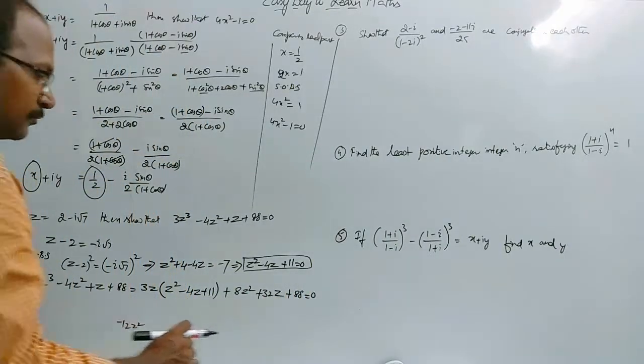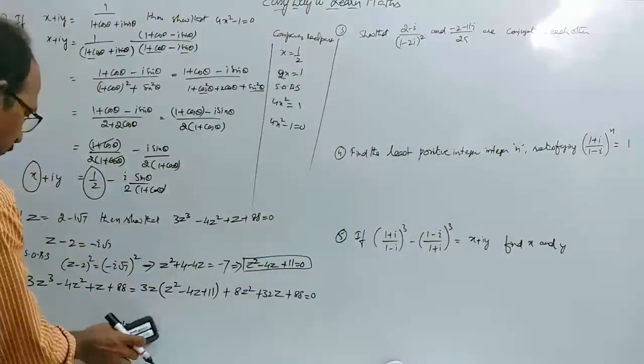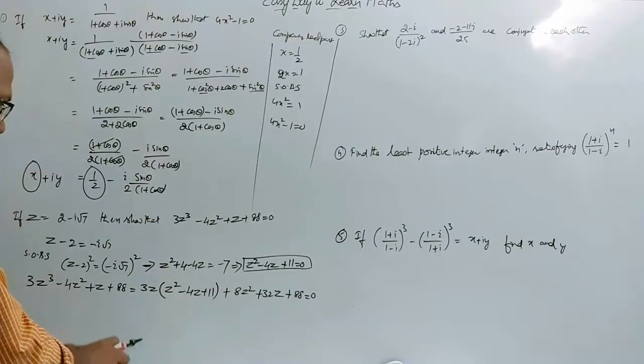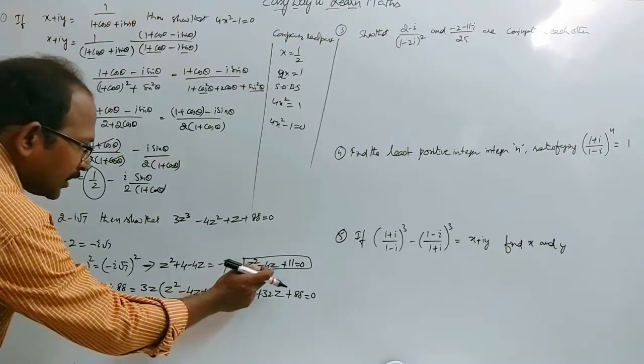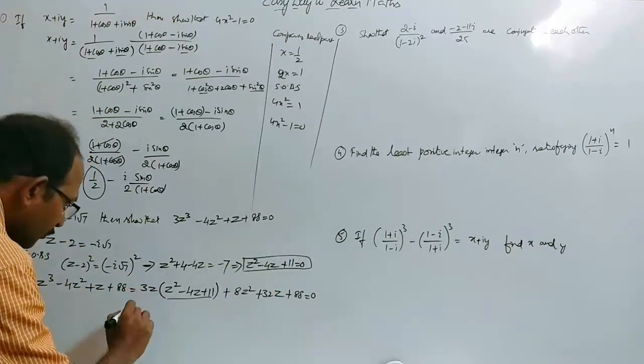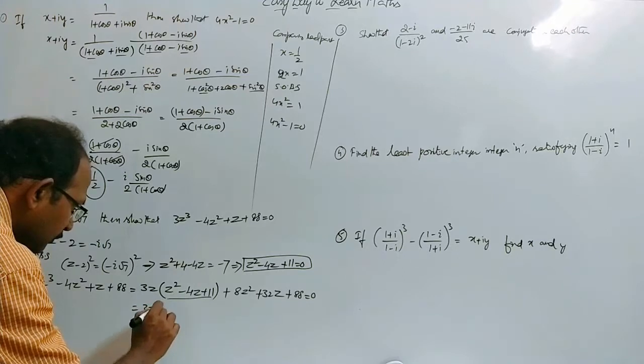Then what is the value of z square minus 4z plus 11? z square minus 4z plus 11 equal to 0. Therefore, which is nothing but 3z into 0.